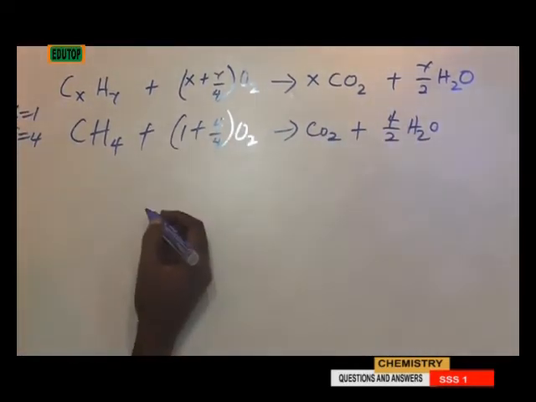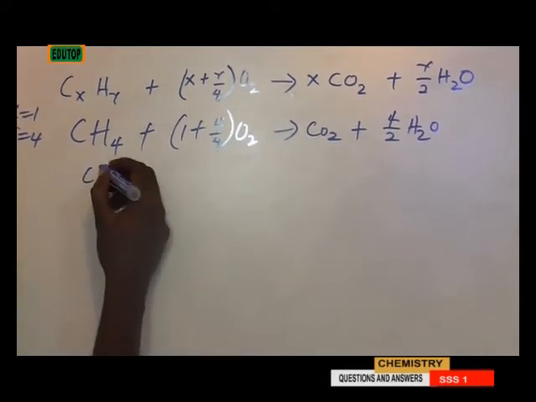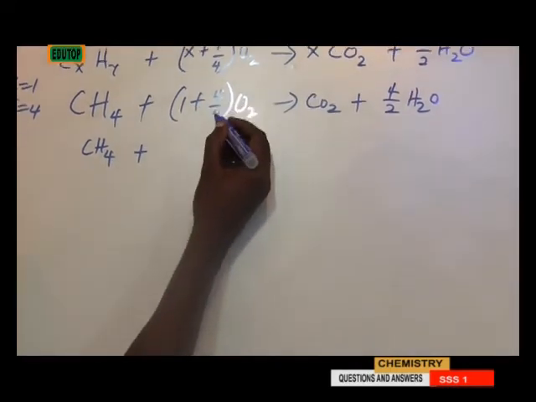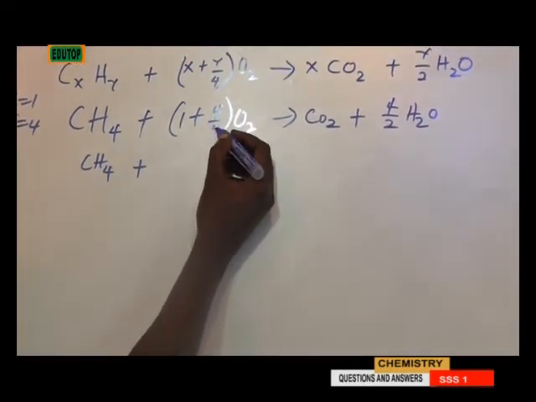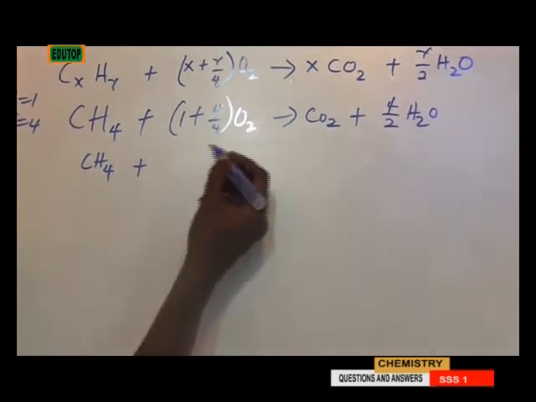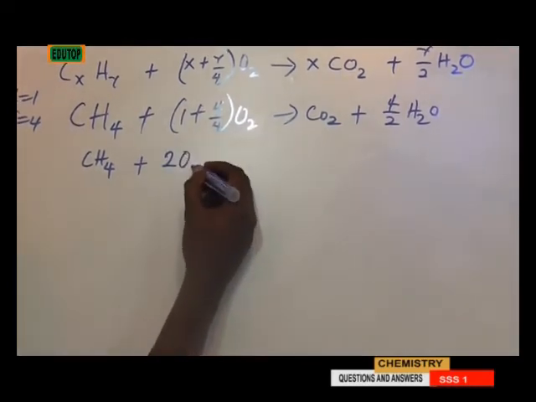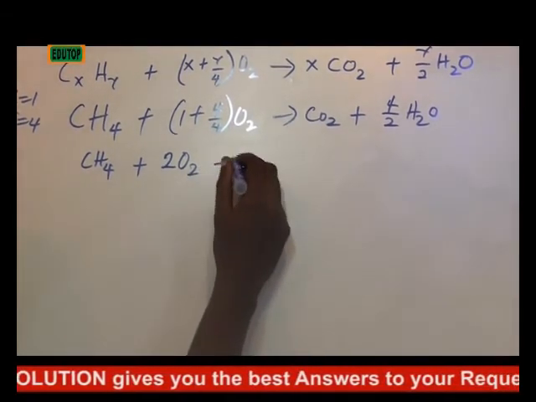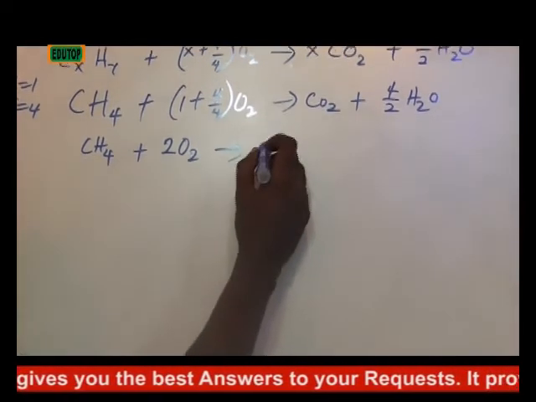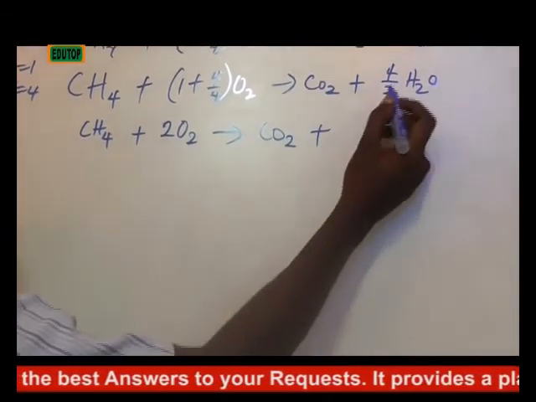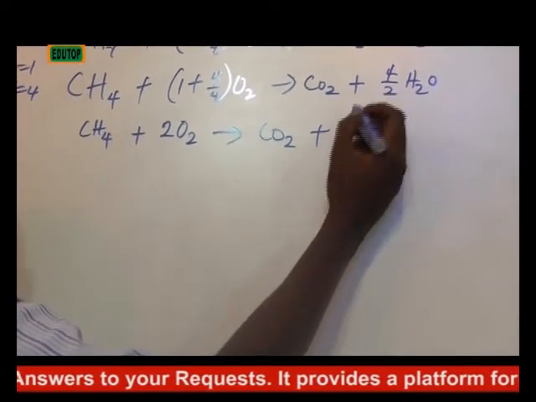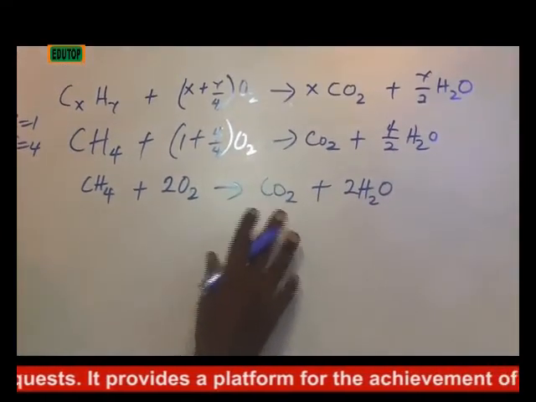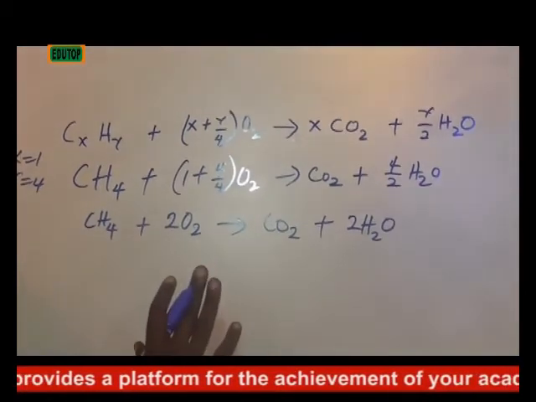If you simplify this equation further, then you will have CH4 plus 1, 4 over 4 is 1, 1 plus 1, 2, that is now 2 oxygen gas, which is equivalent to CO2 plus 4 divided by 2, that is 2, 2 water. So the equation for this reaction is balanced.